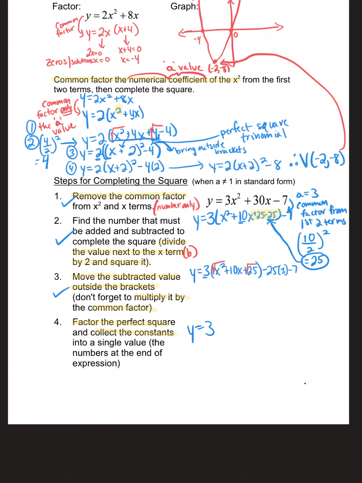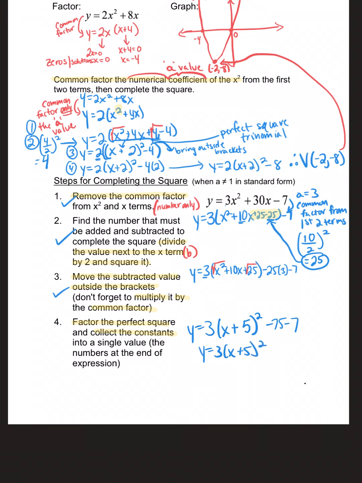The square root of my first term is x, the square root of that last term is 5, and there's a plus on our b, so that's what goes in between. We'll have x plus 5 squared. And then we have a negative 25 times 3 is a negative 75, minus 7. So we can just combine those.